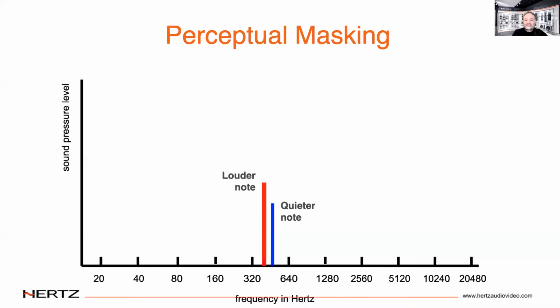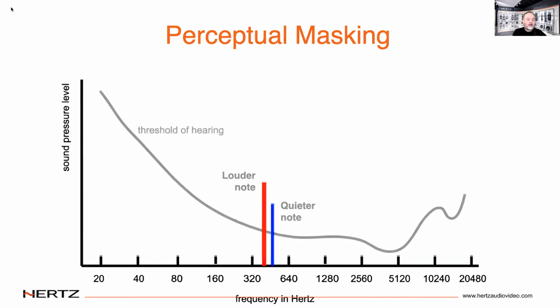So there's this thing called perceptual masking. Let's say we have two notes and they're pretty close to each other, but one of them is louder than the other. If you look at this chart, you can see that they are both above the threshold of hearing, which means if one of them was happening on its own, we would hear it.